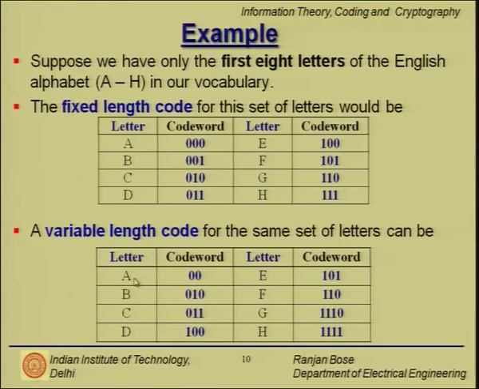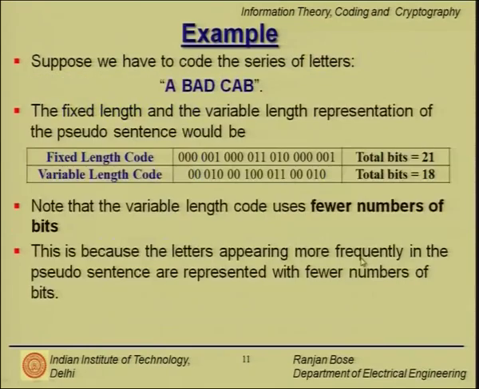I have A being represented as 00, just 2 bits, B with 3 bits, and so forth, and since we ran out of 2 bit or 3 bit, we could also say that G and H have 4 bits. So, it is clearly a variable length code. It goes without saying that there are several possible variable length codes available for these 8 letters.